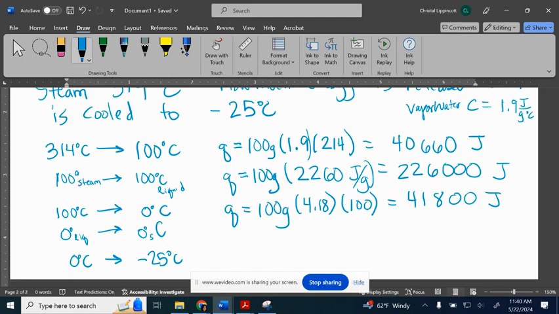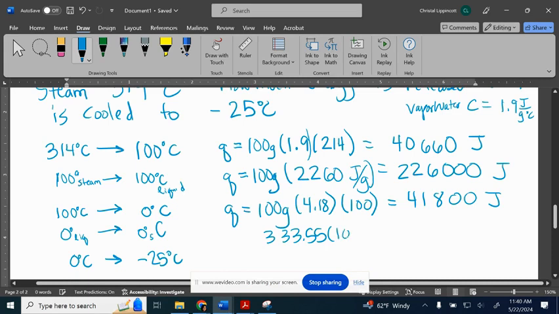Then I need to go through the heat of fusion. And that is 333.55.